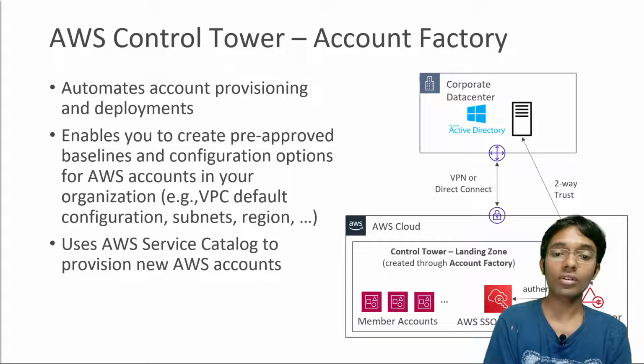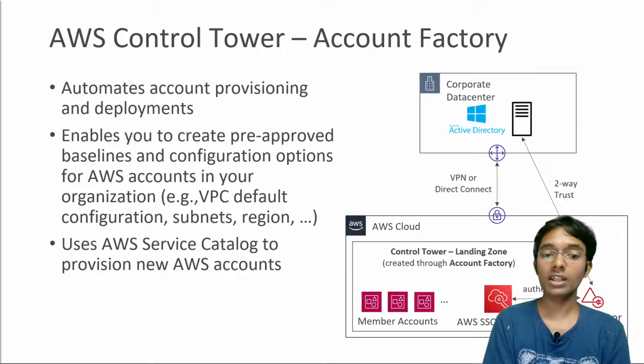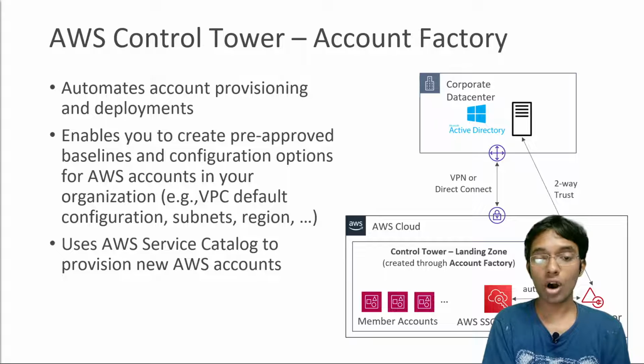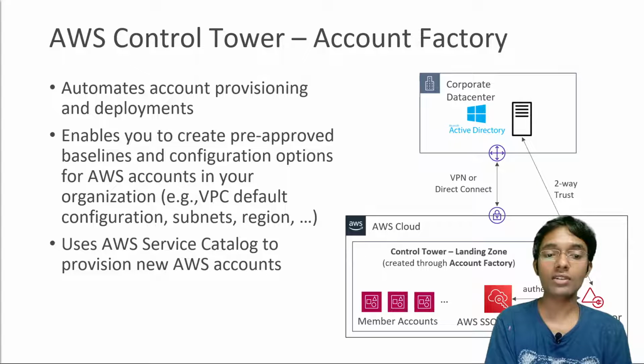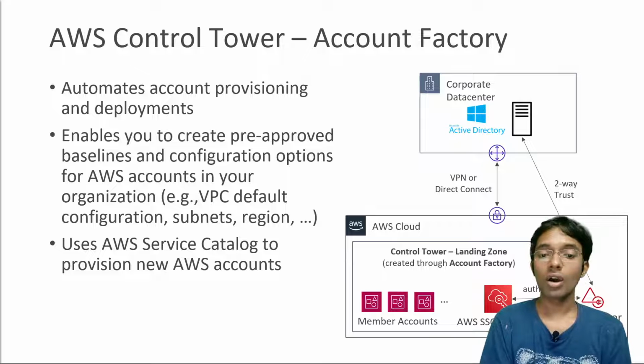Any member account that we provision as part of this landing zone, we can configure automatically so they all leverage the SSO authentication from the landing zone itself. That means all the accounts will come properly configured thanks to Control Tower, for compliance.